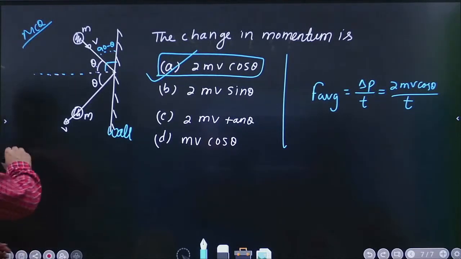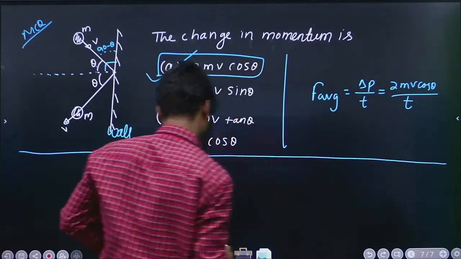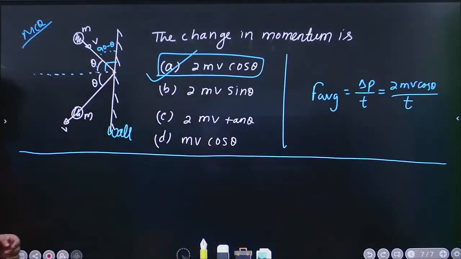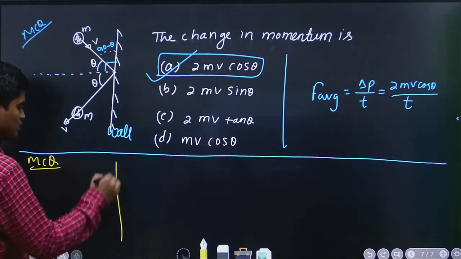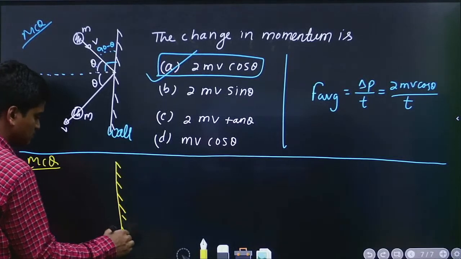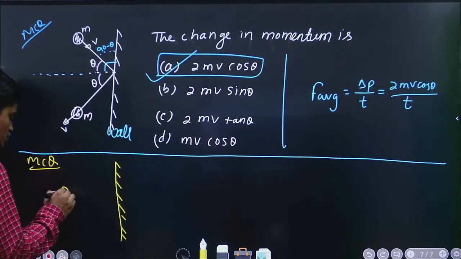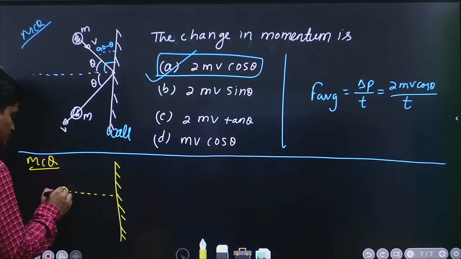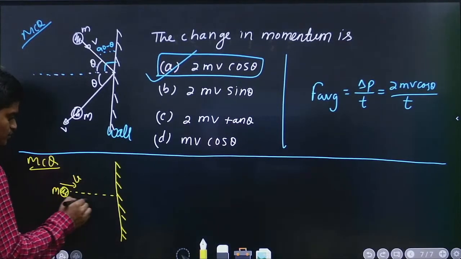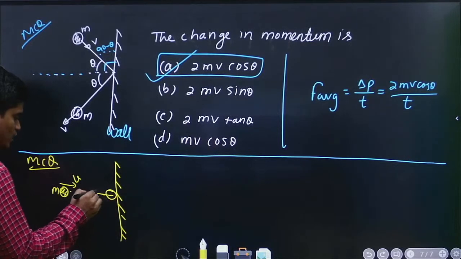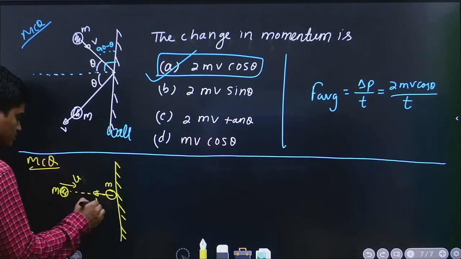Now listen, another type. Here this wall is there. Now one object is coming and hitting normally. It comes with velocity v, mass m, hits here, and goes back normally with the same velocity v.